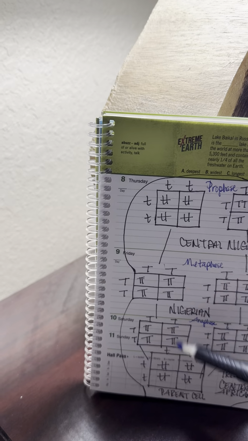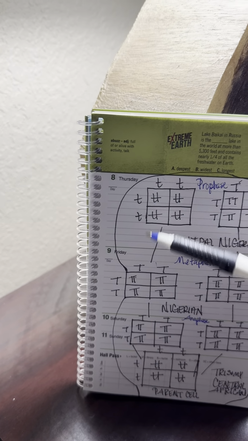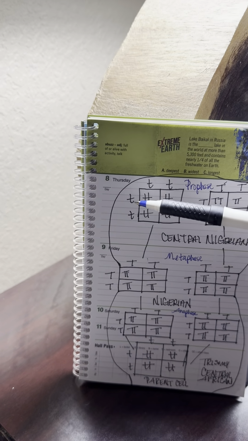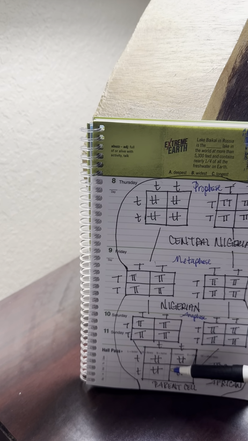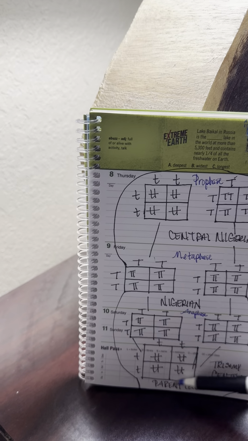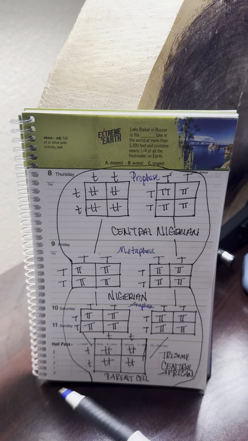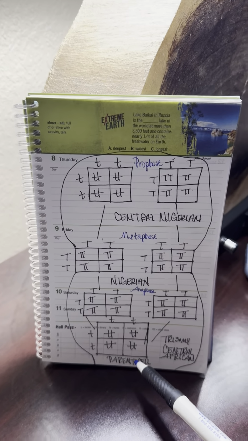That's going to be Nigerian. Period. And then in order for you to understand where you get your parent cell, you pull it from Central. Central is going to be the parent cell.